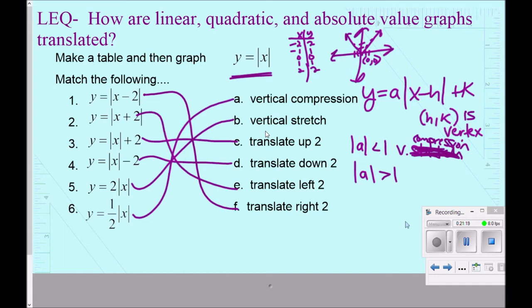And greater than 1 is the vertical stretch, so like 2, 3, 4, and so forth. Less than 1, like A is 1/2, 1/3, 1/4, or remember negatives are fine too. So if A was -2, that would be a vertical stretch. If A was -1/2, that would be a vertical compression.